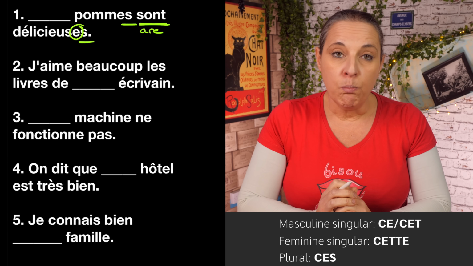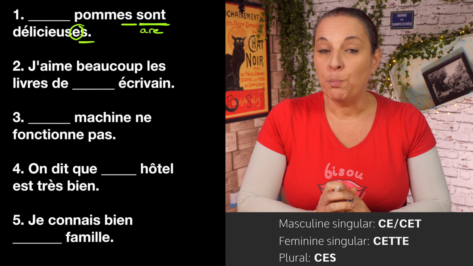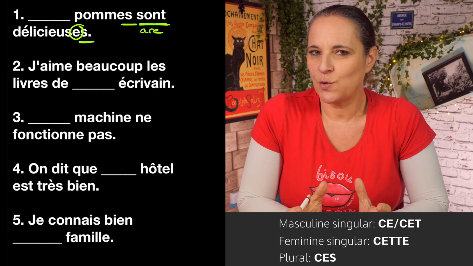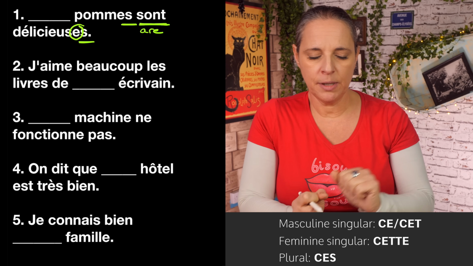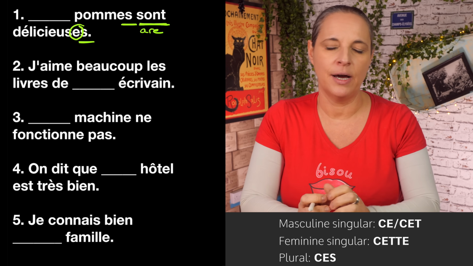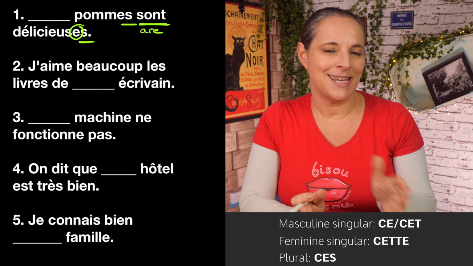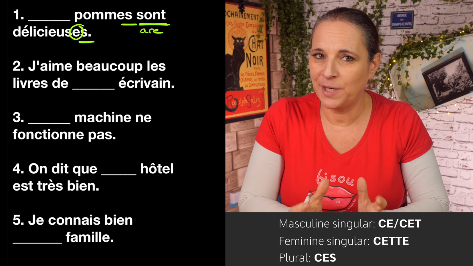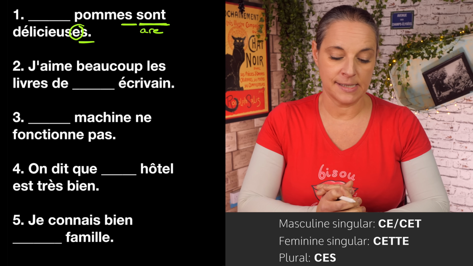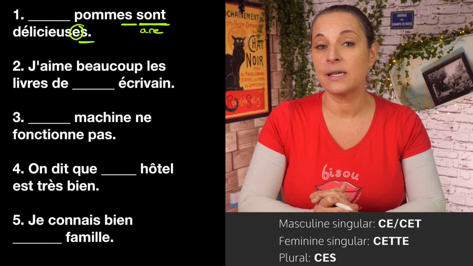Now, pomme is apple, but we want to say these apples. How would you say that using what I've just taught you? Ce pomme? No, because it is not referring to plural. Cet pomme? No, because the word doesn't begin with a vowel or an H. Cette pomme?